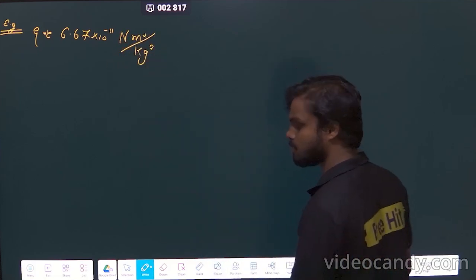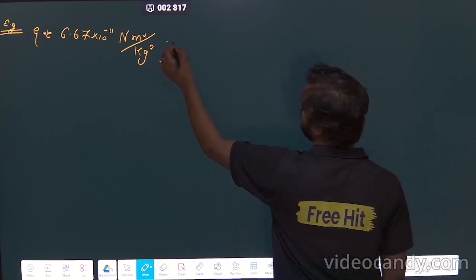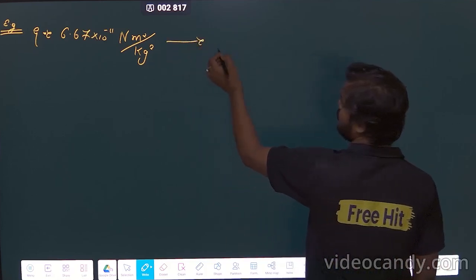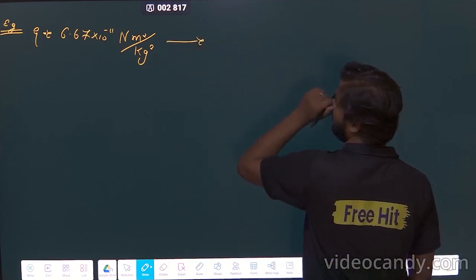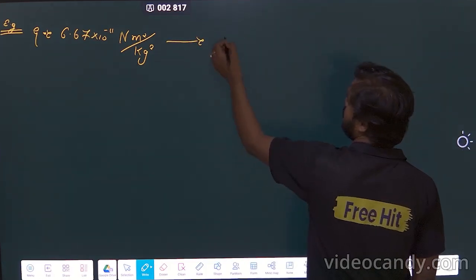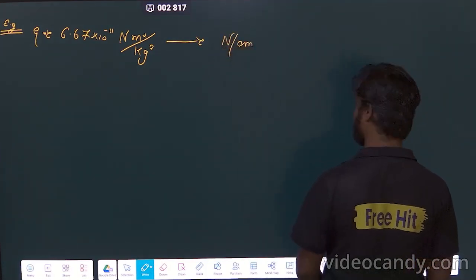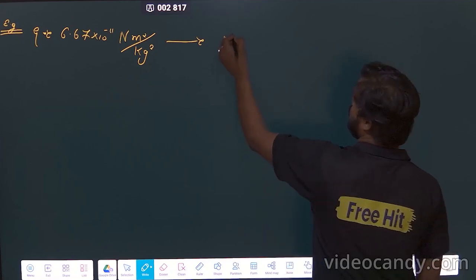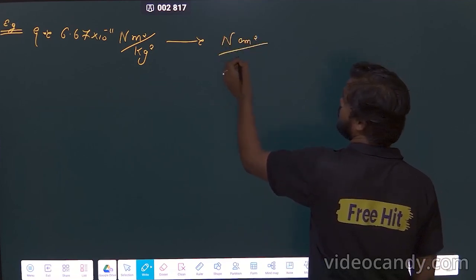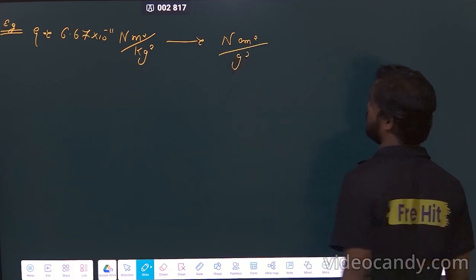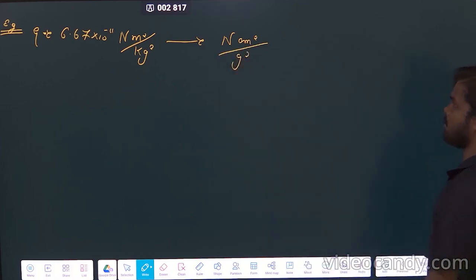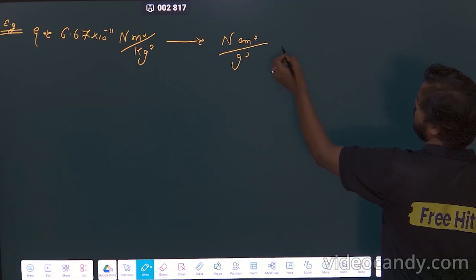You have to convert this into Newton centimeter square by gram square. This is the conversion you have to do, and you have to tell me what the value is.